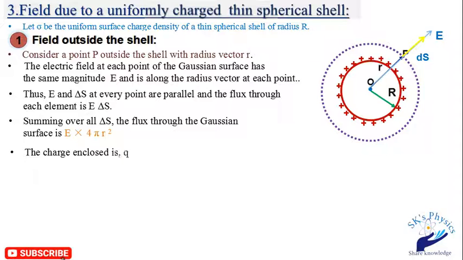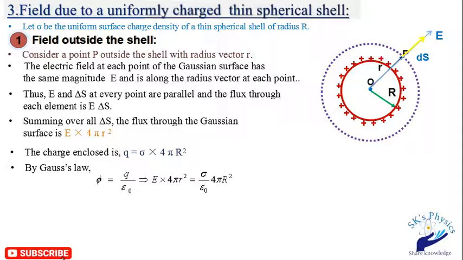The charge enclosed is Q is equal to sigma into 4 pi r square. By Gauss law, phi is equal to q by epsilon 0 implies E multiplied by 4 pi r square is equal to sigma upon epsilon 0 into 4 pi r square.